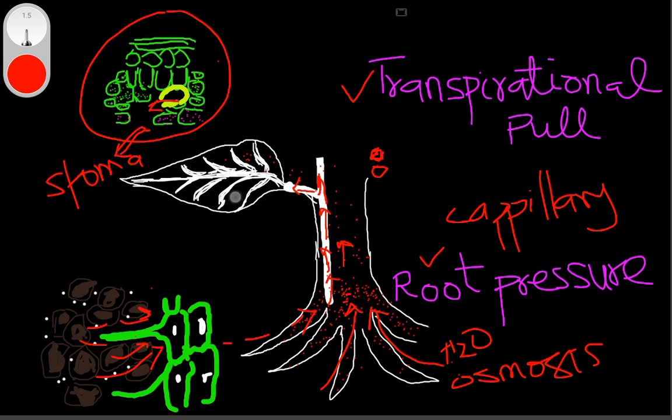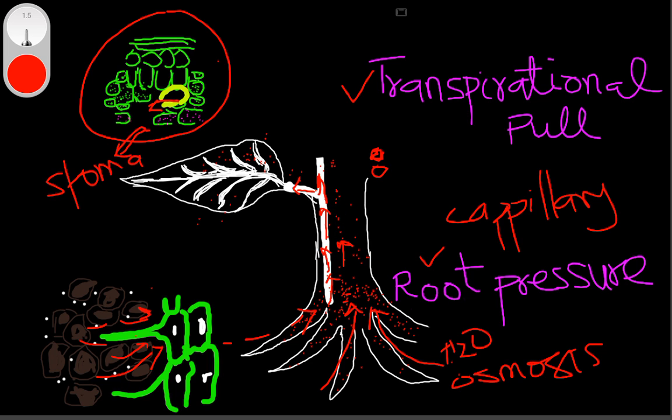More water is leaving the leaf through the stoma. Then the leaves are manufacturing sugars, and the osmotic pressure begins to build up. More water is leaving. The water that should have diluted the sugar in the leaves is leaving, and osmotic pressure is building up in the leaf. What happens is that the water that has been collected here will start going up.